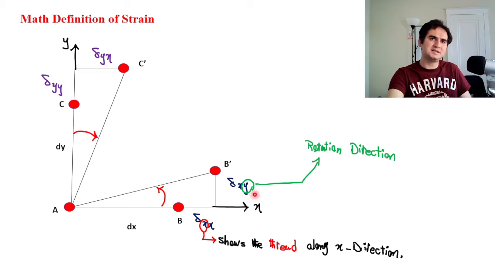So the second one is y. Definitely the first one has no rotation, so it remains x. Likewise, this is delta yy, the thread is in the y direction, and there is no rotation, it just goes for y. And the other one, again, the thread is in the y direction and just rotates toward x. The second one shows that.